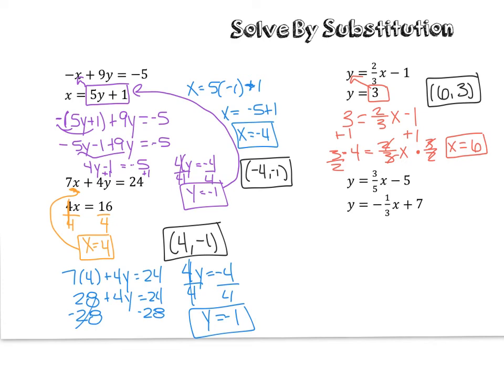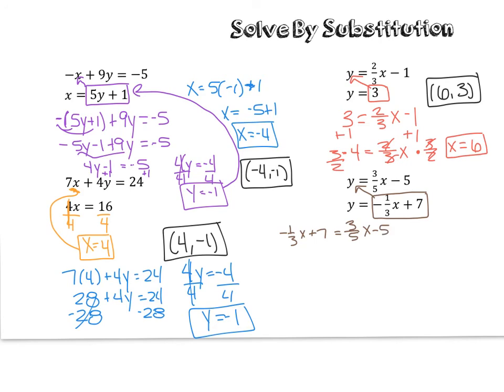Okay, this last one's a little bit ugly, has some fractions, but I want to work this next one out because I want you to see that even though the answers are in fractions, it can still be done. So once again, they're both solved for y, so we're going to substitute that in there. So we get negative 1/3 x plus 7 equals 3/5 x minus 5.